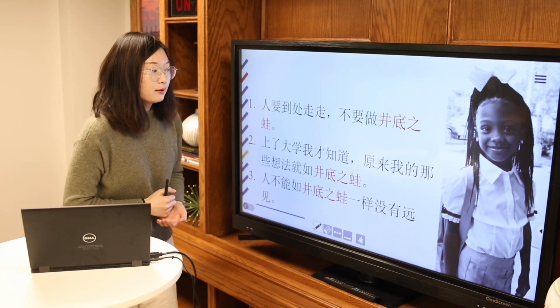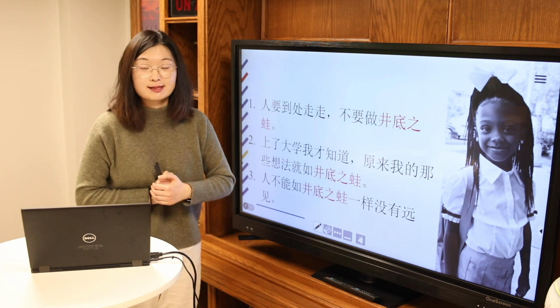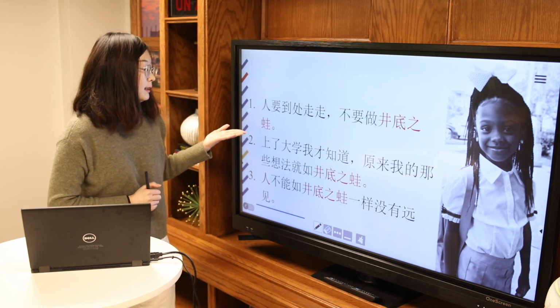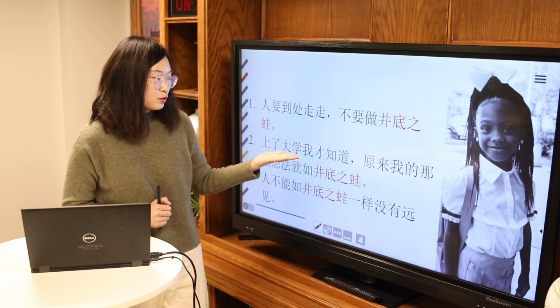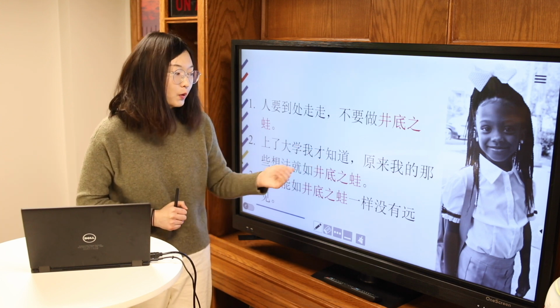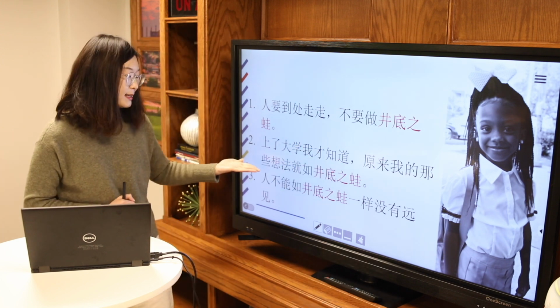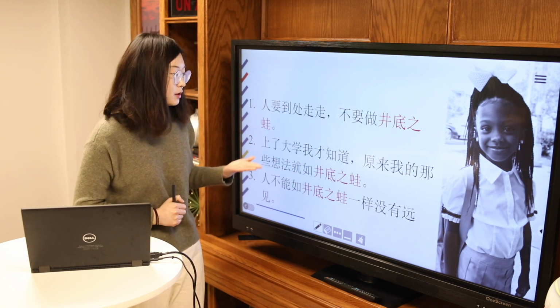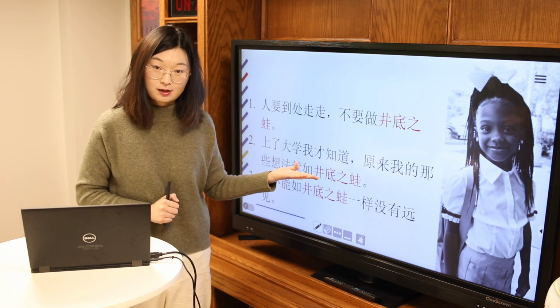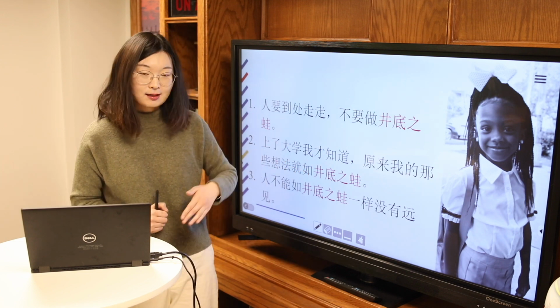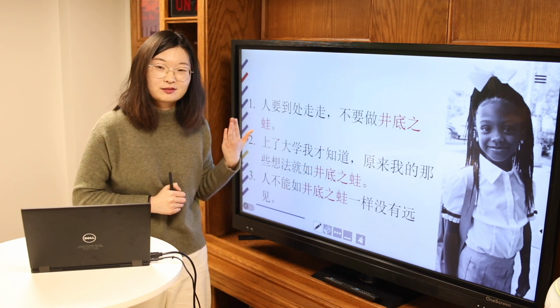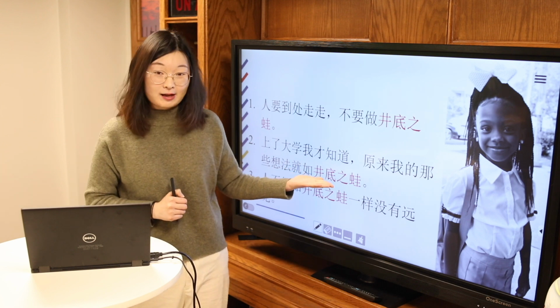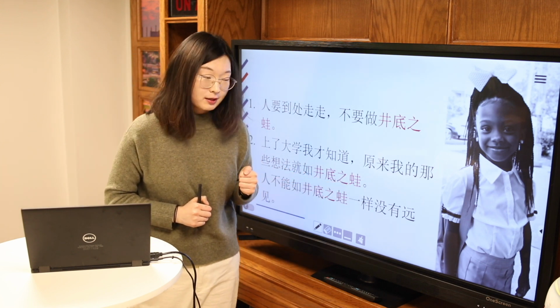We shouldn't be the frog in the shallow well that has a narrow view. Okay? 2. 上了大学，我才知道，原来我的那些想法就如井底之蛙. So after I went to university, I know that my thoughts were so naive. So it's like I had a very narrow view before.